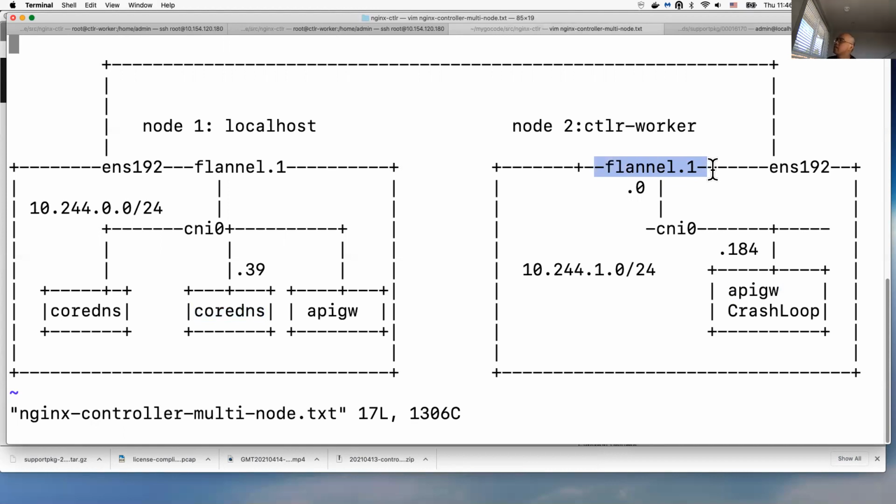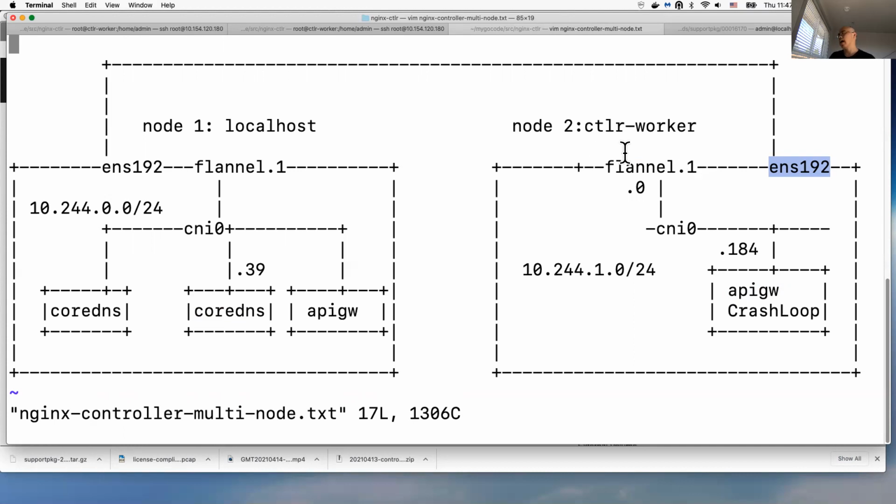That's the VXLAN interface for flannel, and then it will do the encapsulation. And this is the physical interface. So when the packet is going through the physical interface, it is encapsulated in VXLAN tunnel.